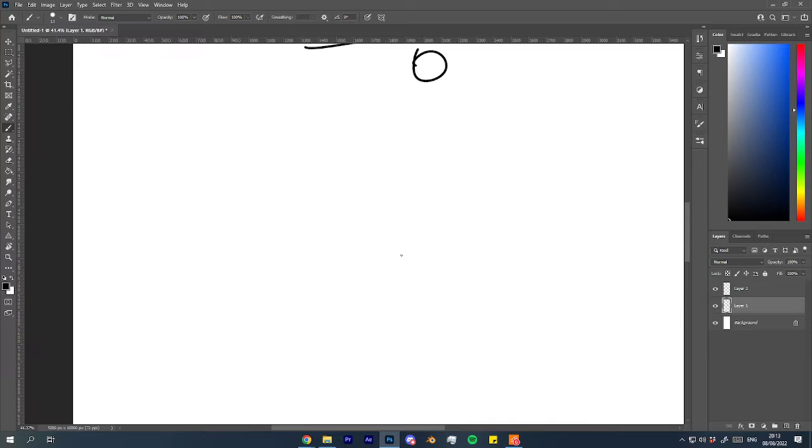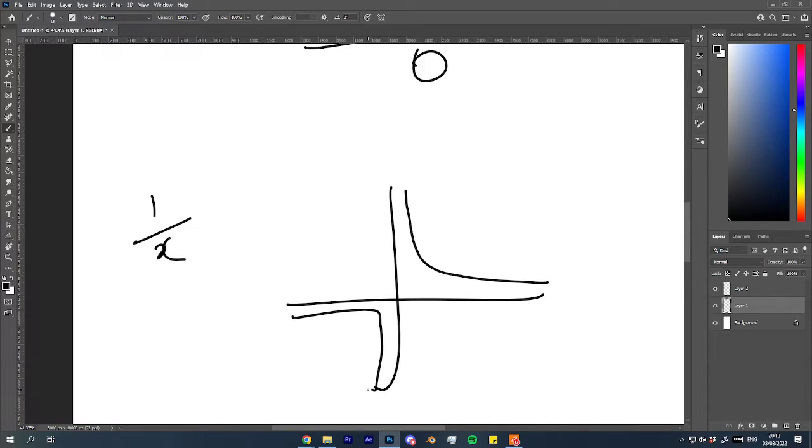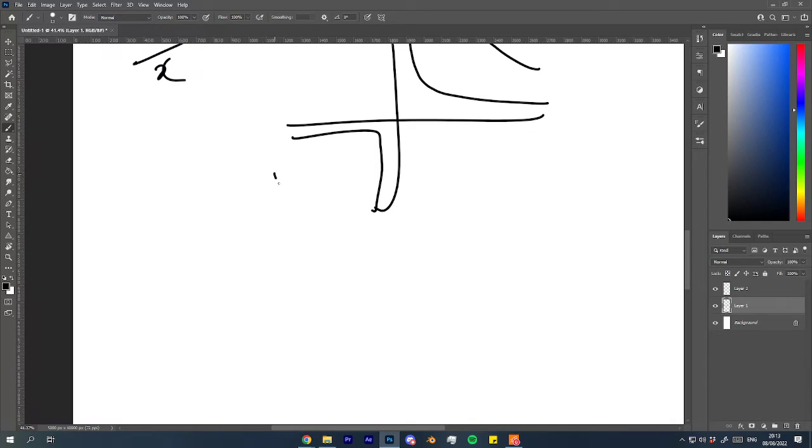Similarly, this is why when we have a reciprocal graph, 1 over x, we get two different answers. From the positive side, this is slowly approaching plus infinity. However, from the negative side, it is approaching negative infinity.